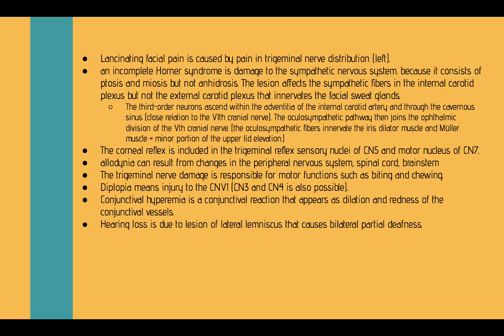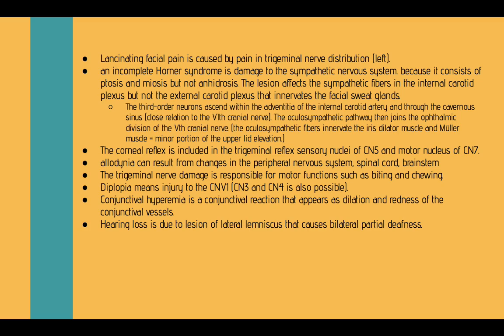It's damage to the sympathetic nervous system because the patient has ptosis, miosis, and no anhidrosis, which means that the lesion affects the sympathetic fibers in the internal carotid plexus but not the external carotid plexus, because the external innervates the facial sweat glands. So if they don't have anhidrosis, it will not include the external carotid plexus.